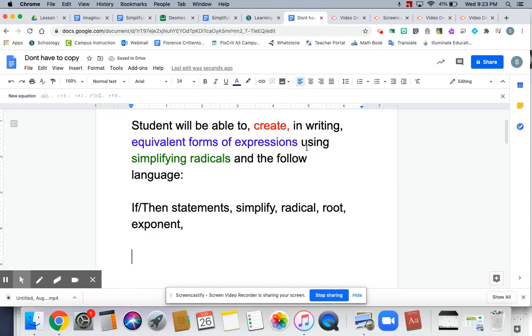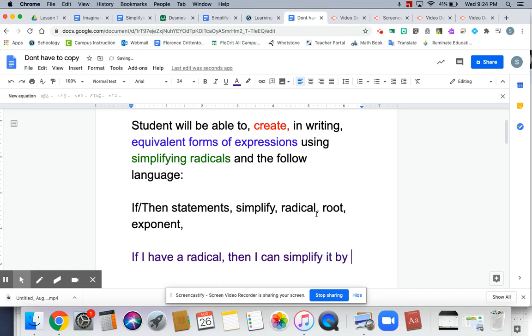I'd start with trying to make up an if-then statement. So if, and what do I usually start with? I usually start with some radical when I'm doing this. So if I have a radical, then what if I have one? Well, what do I want to do? I can simplify it. Then how do I simplify it?